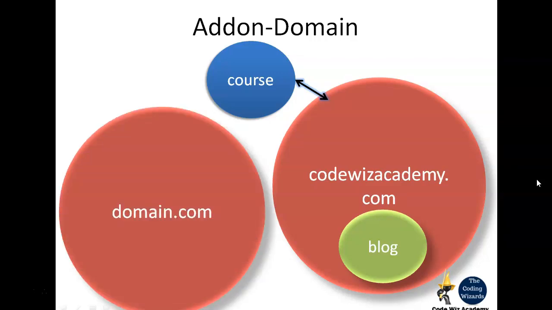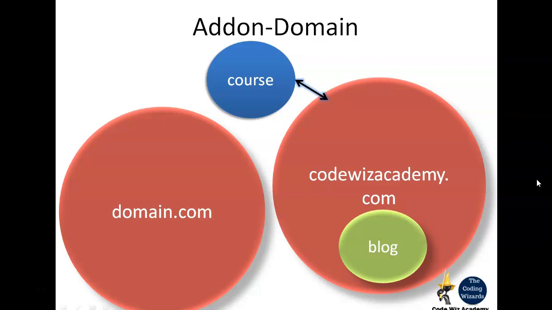So here is another domain, that is somedomain.com. That is any name that you want to have for an add-on domain. You will purchase that domain and set it up to be hosted from the same server space, because I have purchased a hosting plan which allows me to host multiple domains.